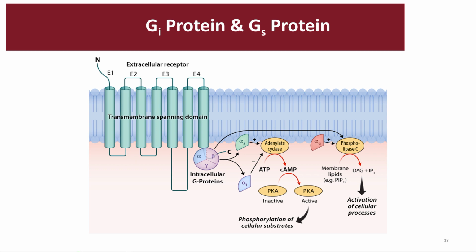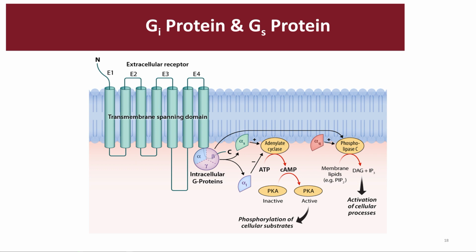Let's put the effector enzymes into play. So let's say you have a first message that binds to a receptor. This will activate the alpha, beta, gamma subunits. The alpha will release GDP. It will then bind onto GTP and target the effector enzyme adenylyl cyclase. Adenylyl cyclase is going to increase the formation of the second messenger, cyclic AMP, from the precursor ATP.